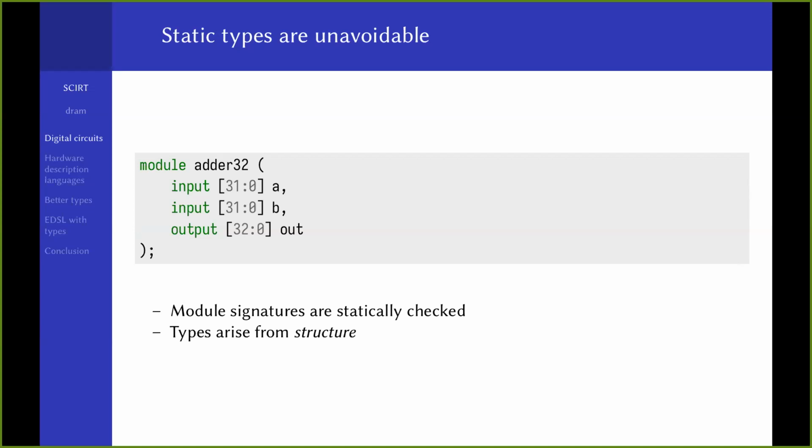And most hardware description languages, such as Verilog as shown here, will to some extent check the static structure of these modules and their instantiations to make sure that they match. So we now know that types will arise from any sort of structure that we impose on our code or on our hardware design.